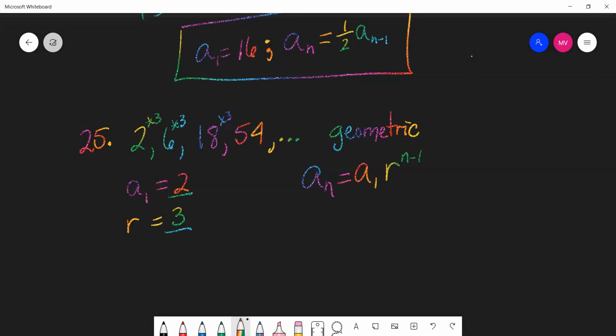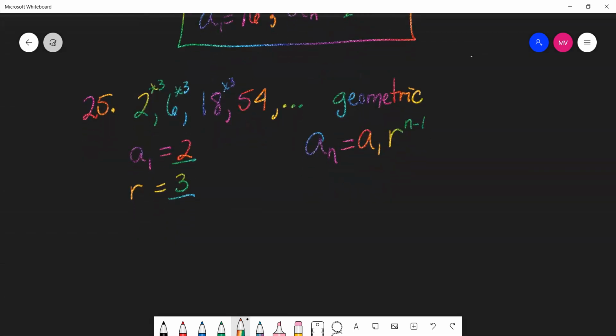Let me say that again. So the term at any position n is equal to the first term in the sequence times the ratio raised to the power of the previous term. That's what that n minus 1. And sorry, I should say raised to the power of the previous position number, right? That's what n minus 1 is.